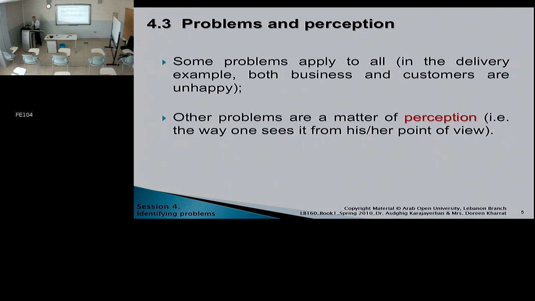Again, I repeat, perception is the way we perceive things around us, from inside and from outside. For example, smoking, you may perceive it as a bad habit from inside, you don't smoke, and from outside, people who smoke. Some people perceive it as a good habit. They enjoy it, from inside and from outside.